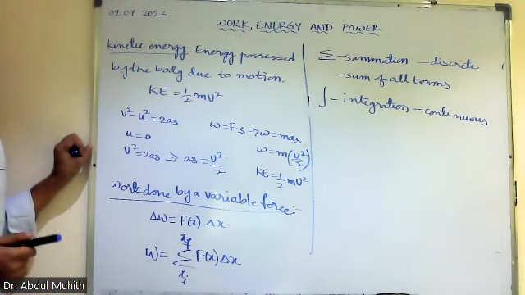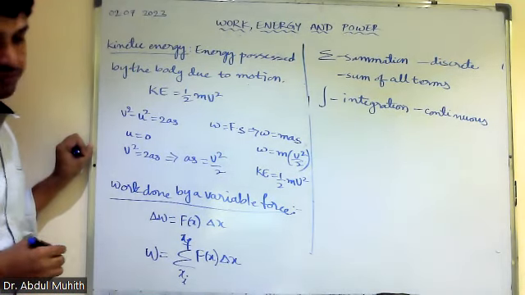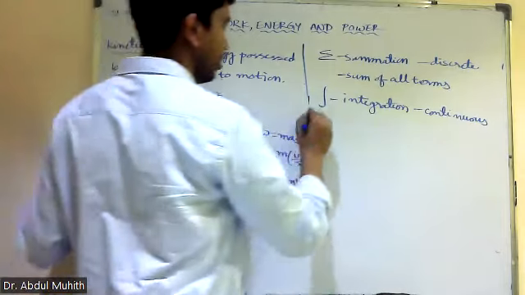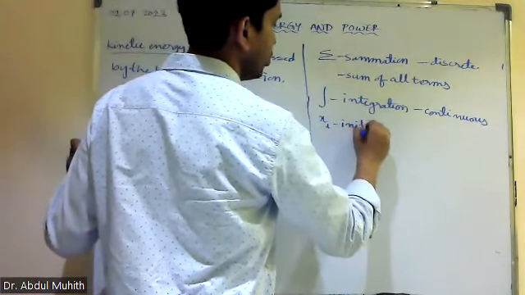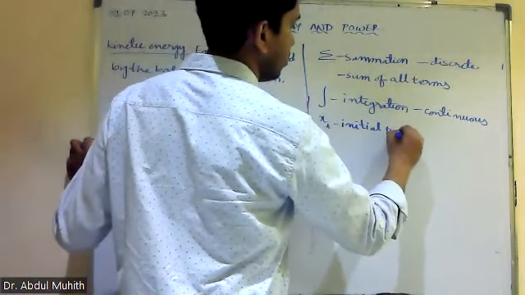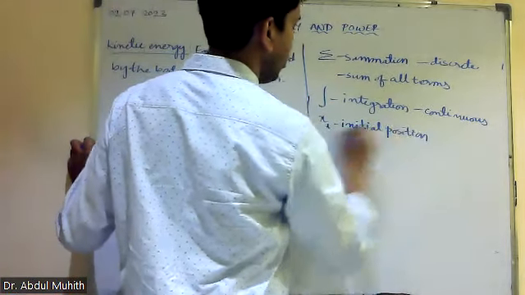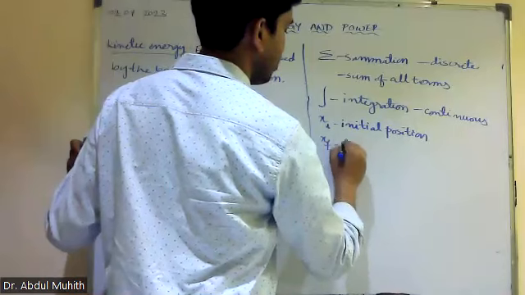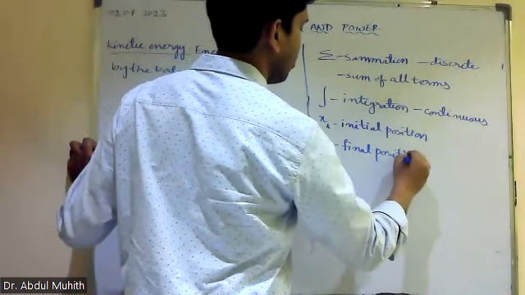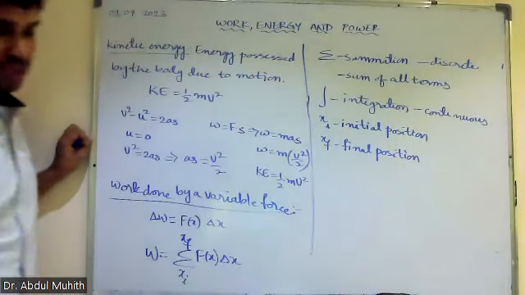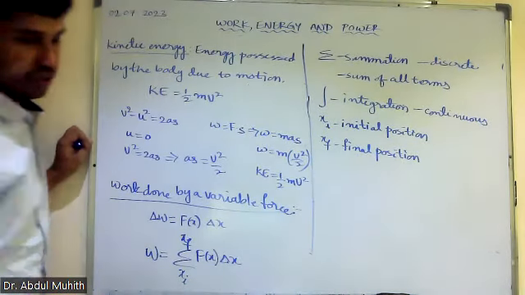So xi to xf. Now xi is the initial position, and xf is the final position. So what is that?